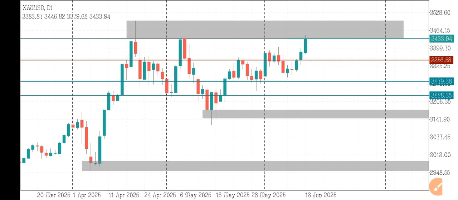Each pair represents how much the quote currency is worth against the first one. For example, when we say Euro USD, we have the quote and we have the base.